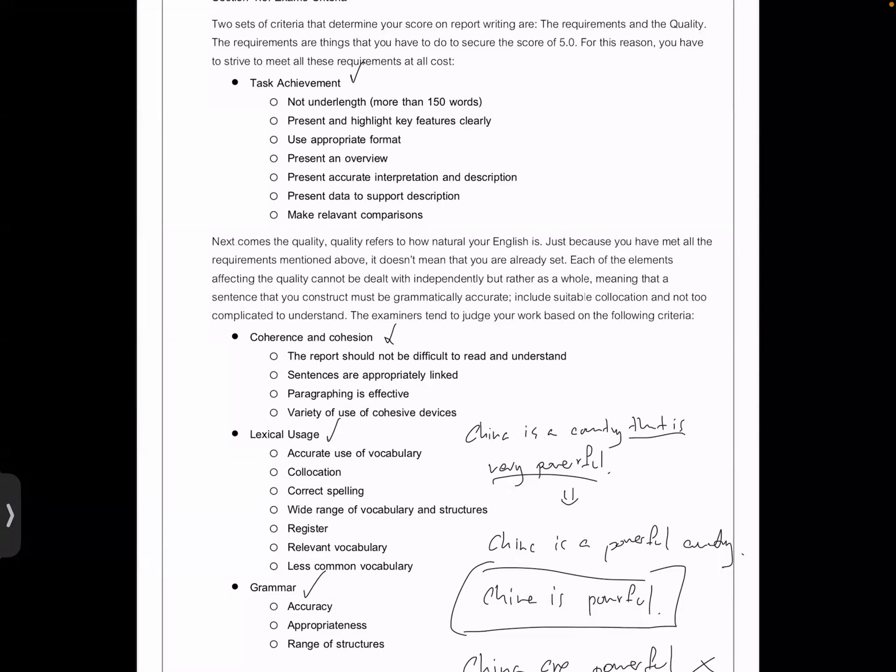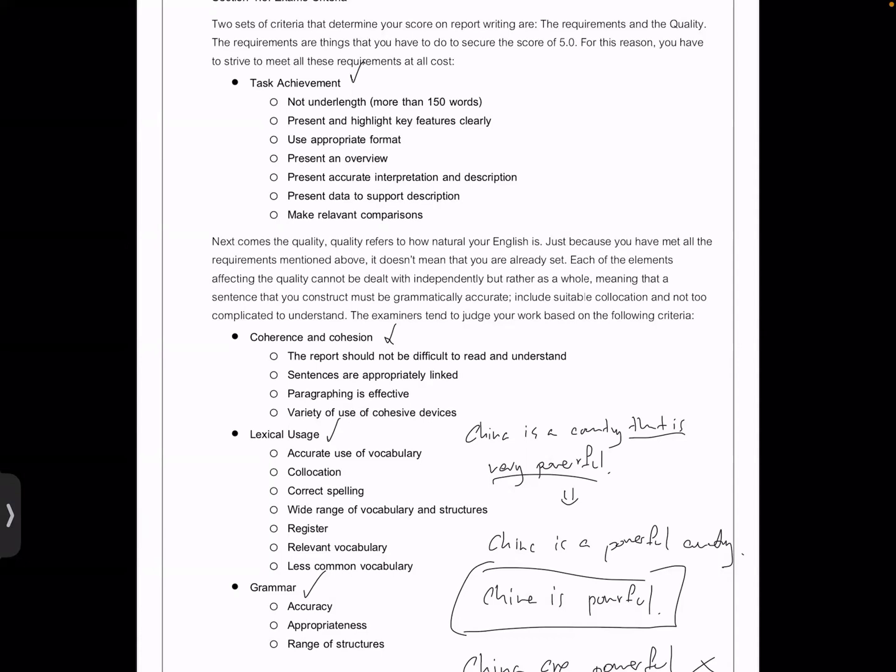Lexical usage has to do with your ability to use a range of vocabulary, different kinds of words, and you must be able to use them correctly, meaning you have to be careful with collocations, which are words that have to be used together so that they sound natural. You also have to mind your spellings.